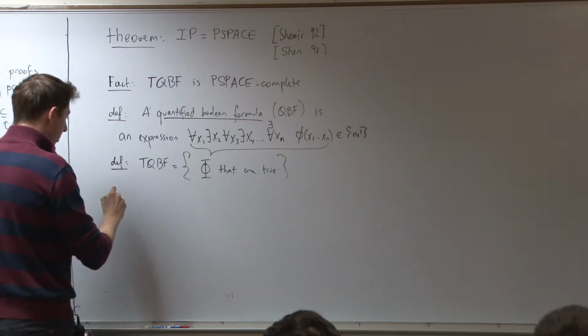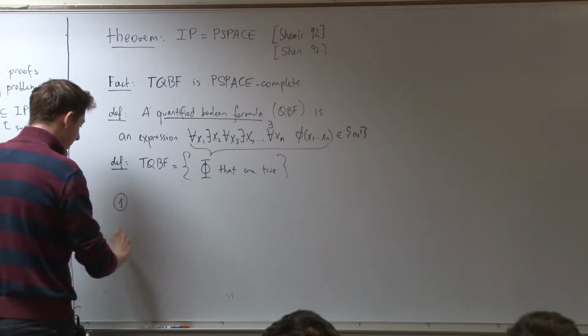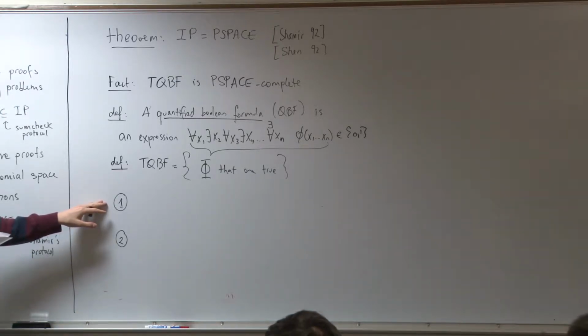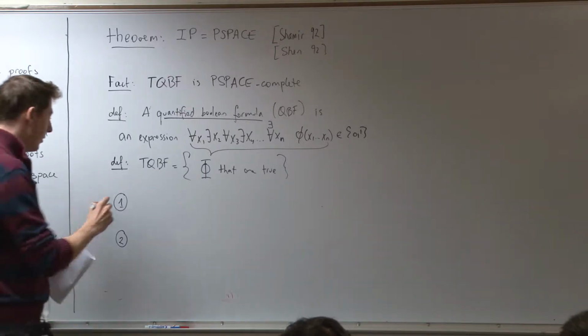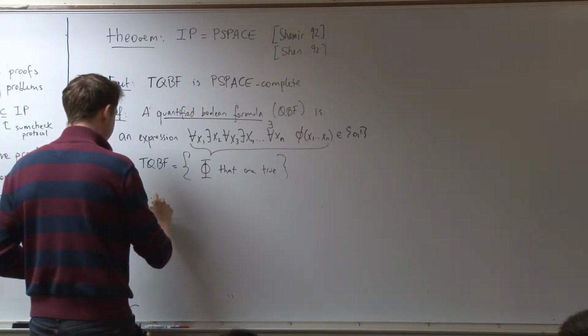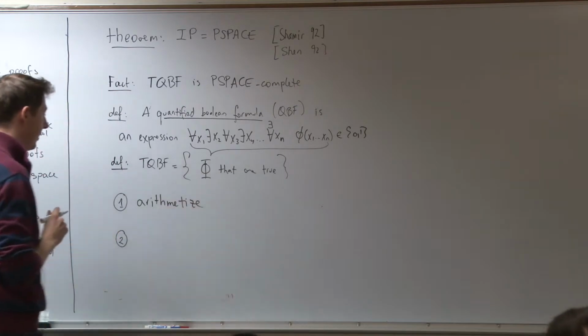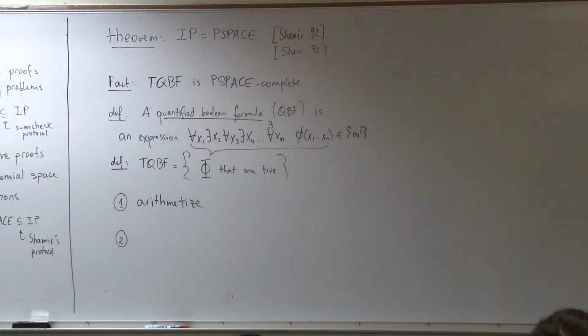Now, our approach is going to follow a similar recipe as last time. We're going to proceed in 2 steps. What is the first step? Yeah? Arithmetize the problem? Yeah, we're going to arithmetize the problem. Now, it looks a bit different than last time, so we need to figure out how to arithmetize it, but we will arithmetize it, and then we'll get some problem about some polynomial, okay?